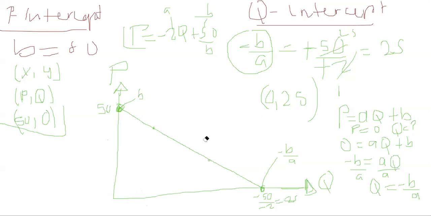First, we have to find P intercept and Q intercept. So P intercept is the B, while Q intercept is the minus B over A. Now we have this. This was the first part of the question: sketch a graph of the demand function. Now we have done the first part of the question.